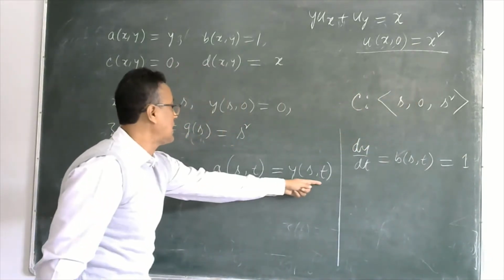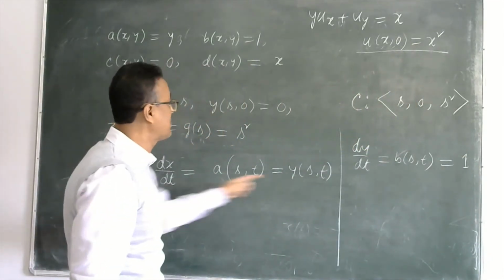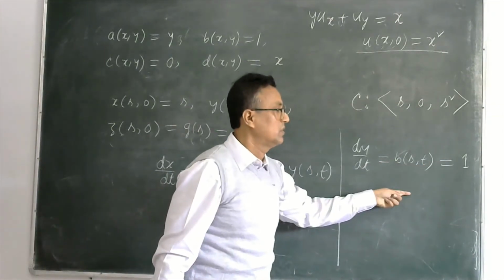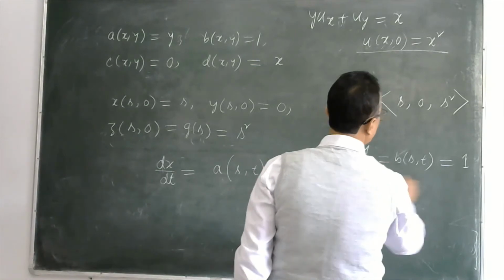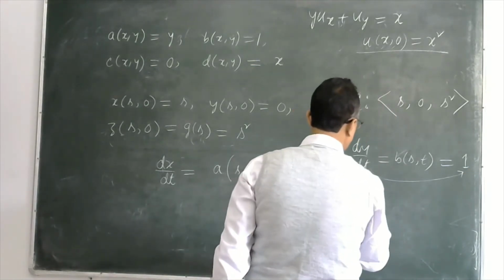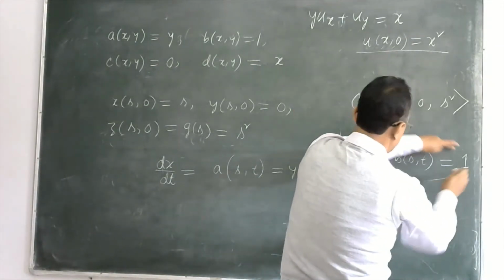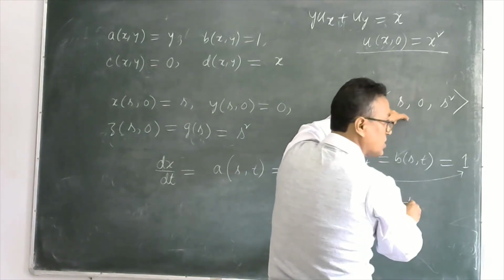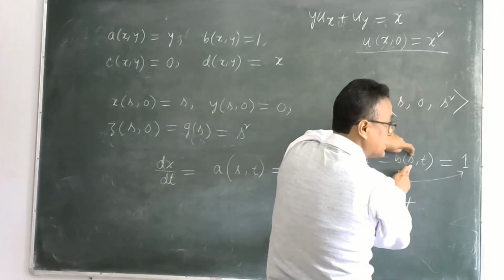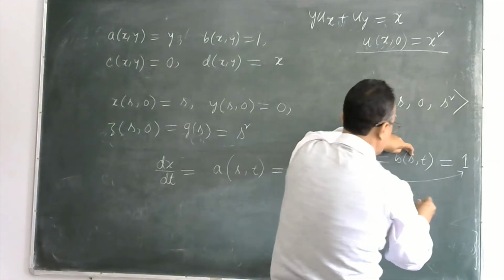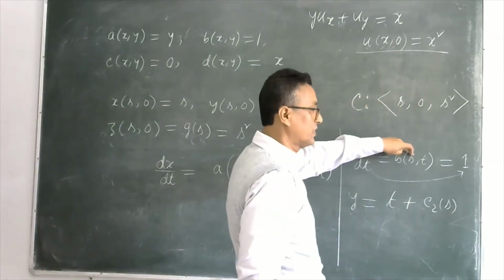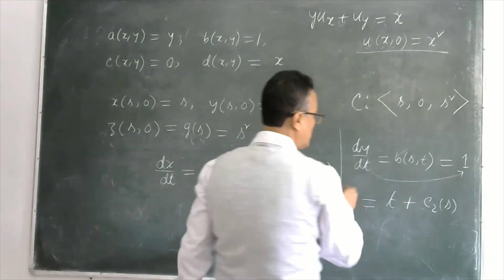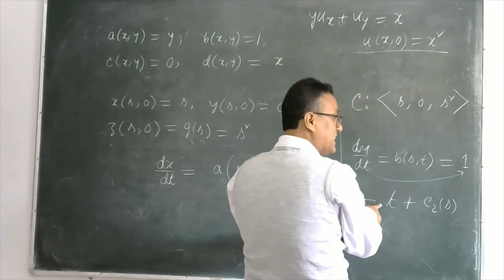See, here I still don't know. These are simultaneous differential equations. So this means y is equal to t plus some constant, because here s is kept fixed. I am going to call it, say, c2(s). Okay, so y is a function of s and t.